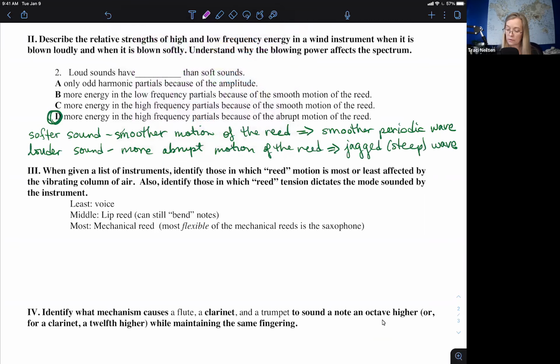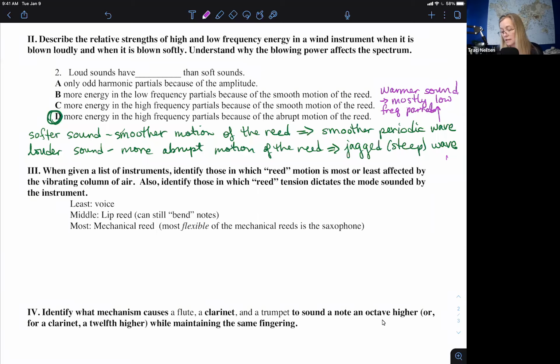Okay, so this smoother periodic wave will be a warmer sound. And that means more low frequencies, or mostly low frequency partials making up the sound.